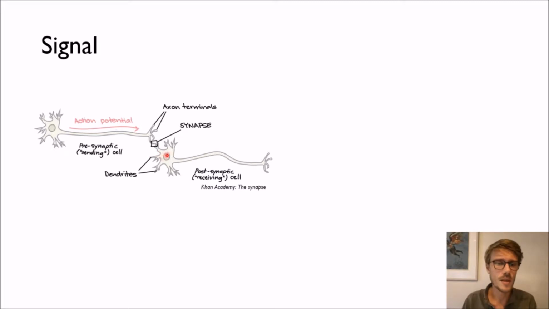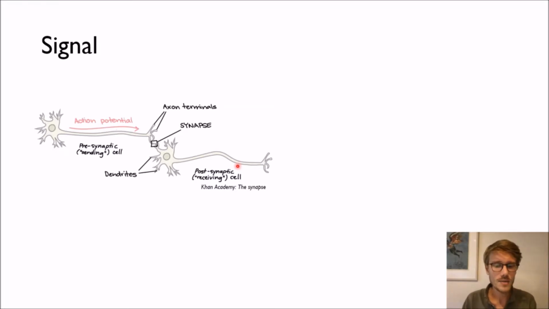And these neurotransmitters then bind to receptors in the postsynaptic membrane of the postsynaptic cell, which causes ion channels in this membrane to open or close, leading to a change in the membrane potential of the postsynaptic cell. Because this membrane potential changes, there is also a change in the electrical current in this postsynaptic cell.